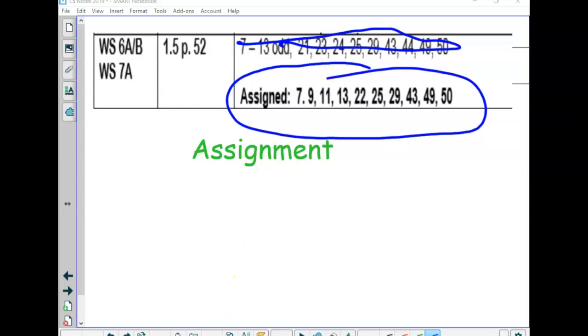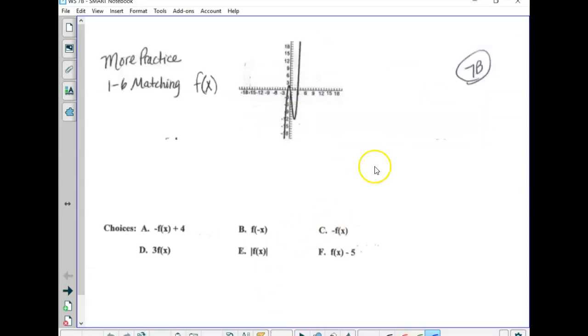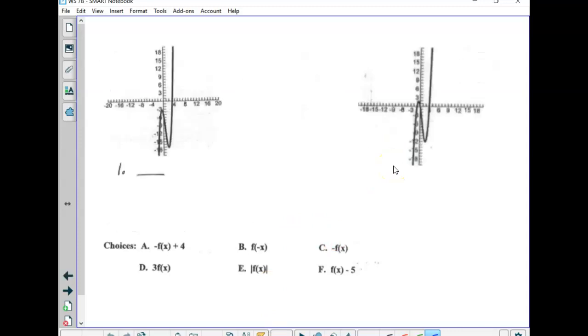Now, before we give up and pack up, I'd like to introduce this idea. We can finish these tomorrow if we need to. If this is the parent function over here, this is on the back of your worksheet. If this is the parent over here on my slides, what happened to this one? From here to here.